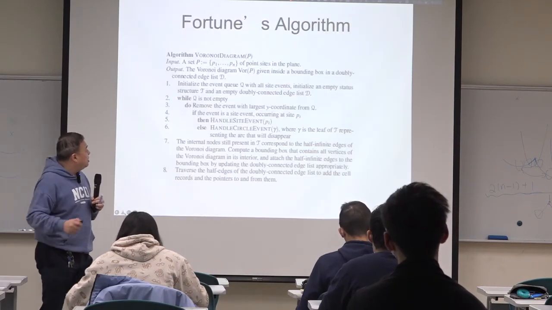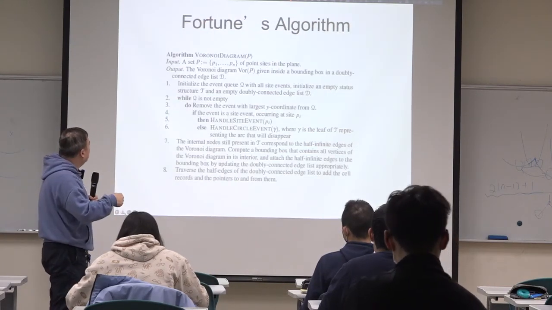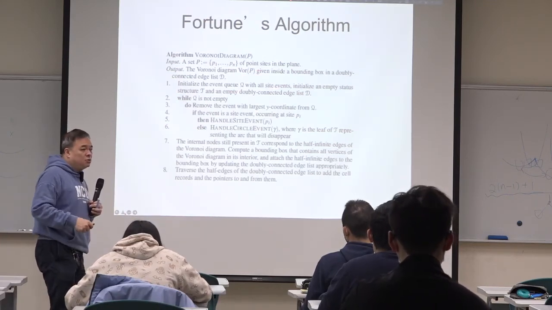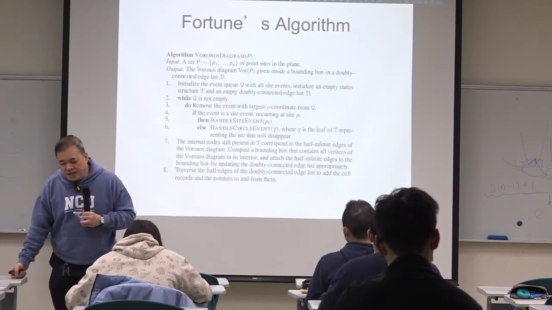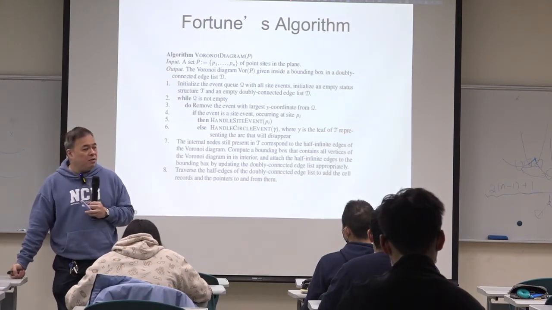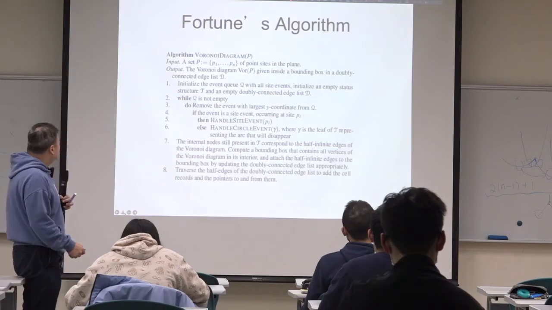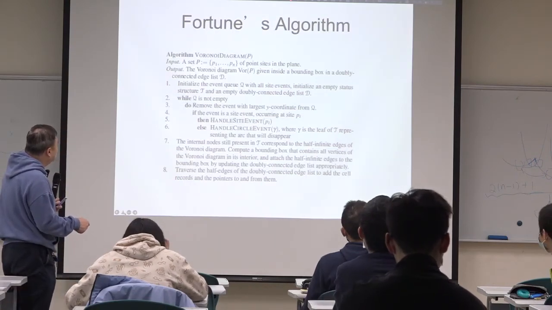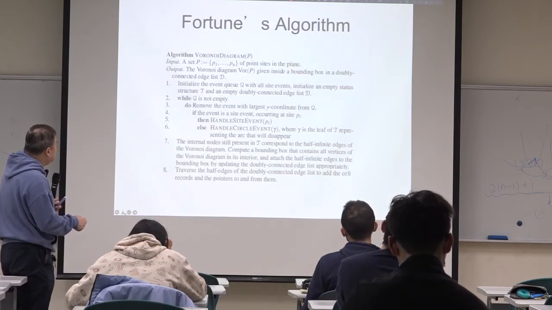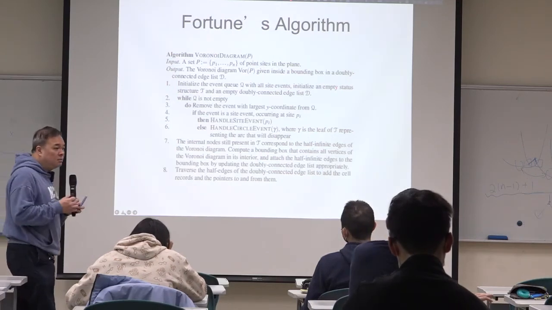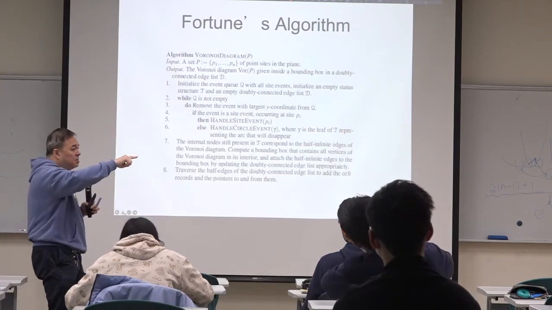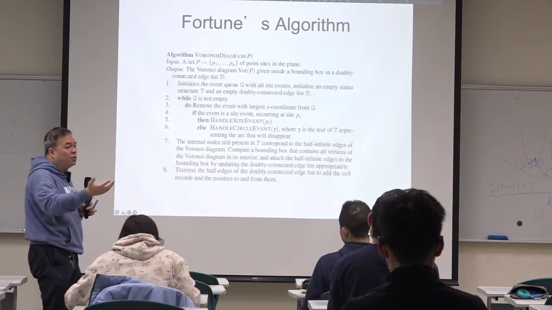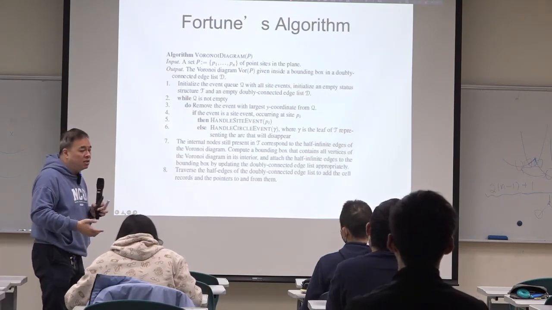So now let's talk about this algorithm. The algorithm is very similar to any plane sweep algorithm that we have talked about. You can see we have 2 data structures. One is the status structure T, which keeps track of the active parabolas for each moment.